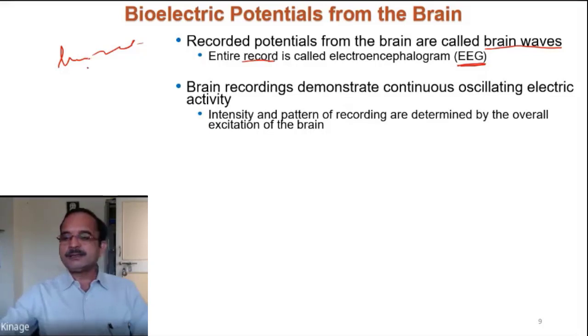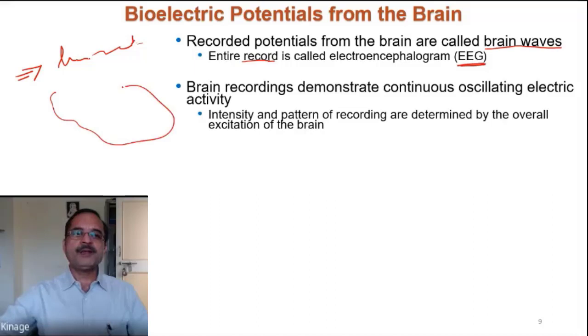So this type of electrical signals are generated inside the brain, which are measured by the electrodes, as we have discussed earlier, and the intensity and pattern of recording. So the intensity and pattern of this signal, what is recorded, is determined by the overall excitation of the brain.